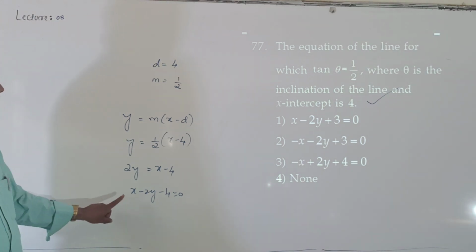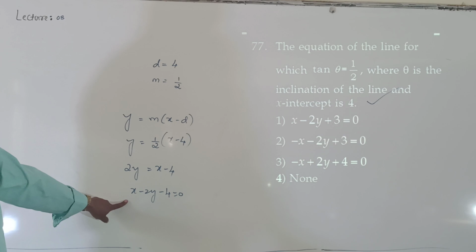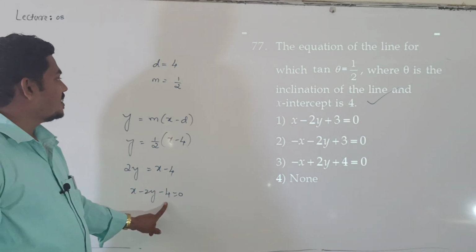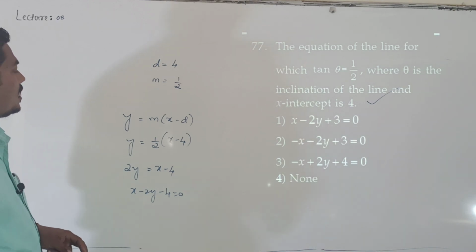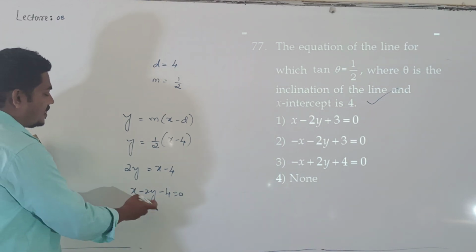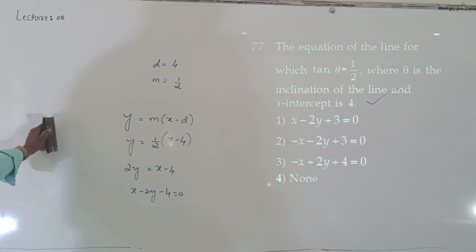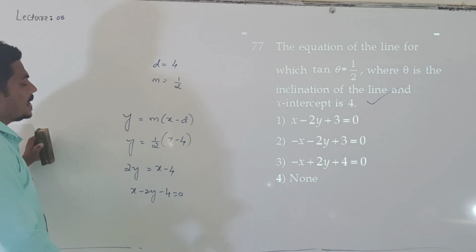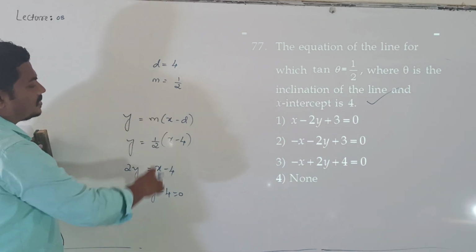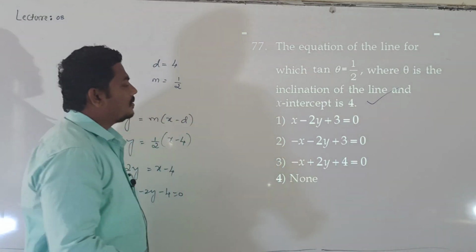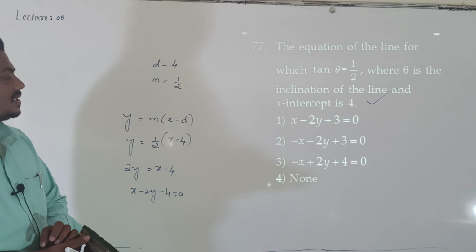X minus 2y minus 4 is equal to 0. Or else, if you take these two terms and reverse the sign, minus x. In the given options nothing is there.